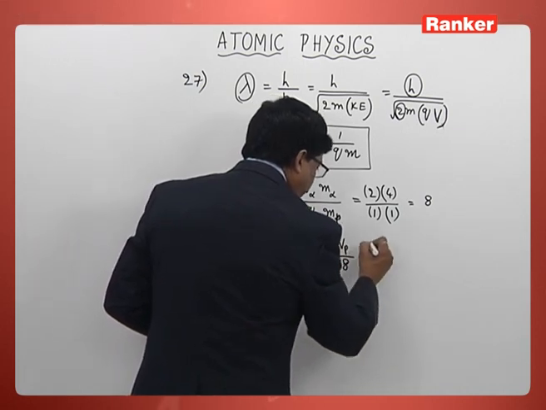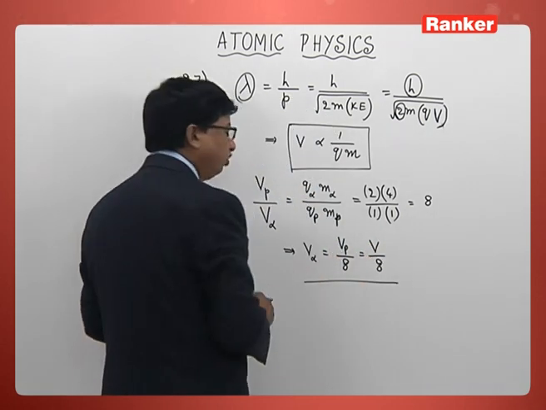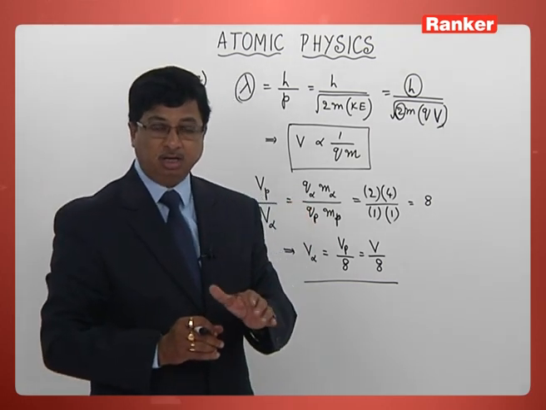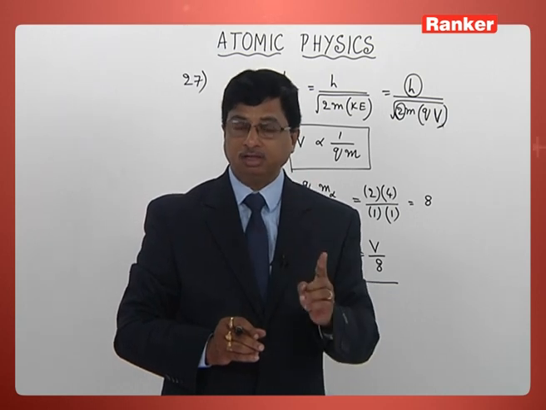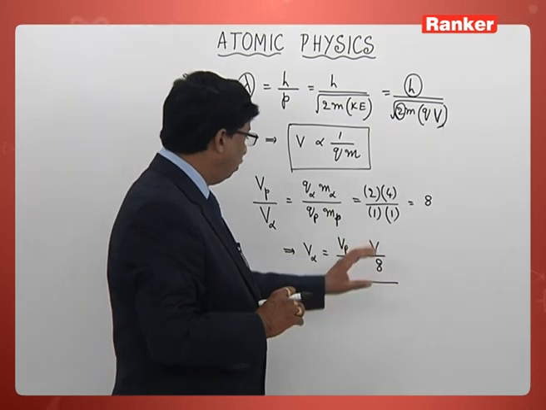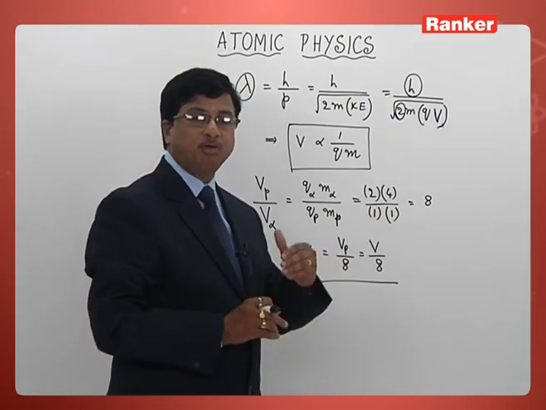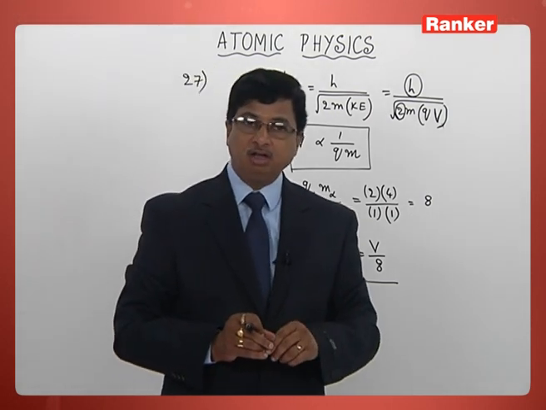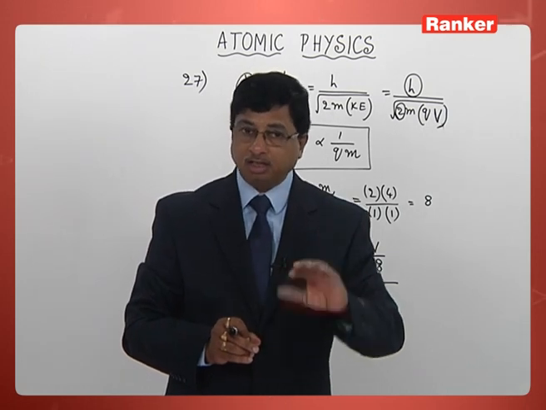So this already has been given in the problem as V. Therefore, how much potential difference is to be applied on the alpha particle for it also to have the same wavelength lambda? That is the question he is asking. So how much should it be now? V by 8. That is the correct value of potential difference that is to be applied on alpha particle for it to have the same wavelength lambda like the proton.